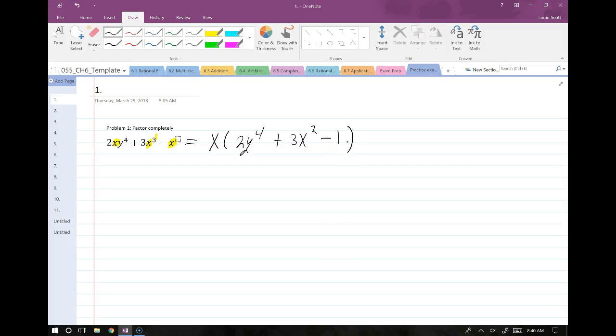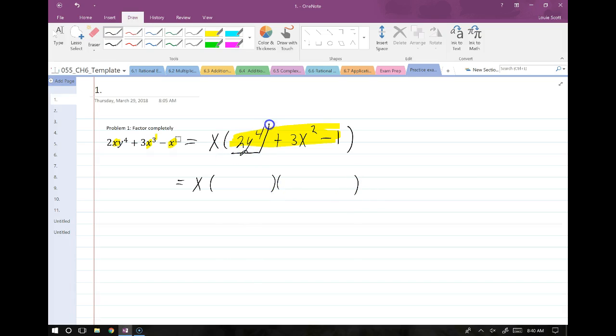Now what I want to do is take a look at this inner polynomial and say, can I factor this at all? When you're sitting there on the exam, if you don't know whether you can factor it or not, write out what the factors would look like if it could be factored.